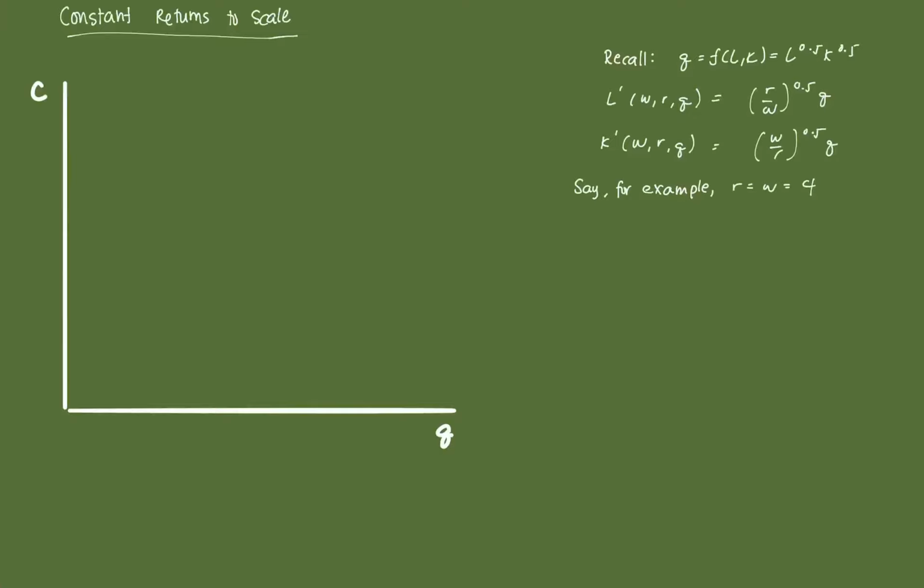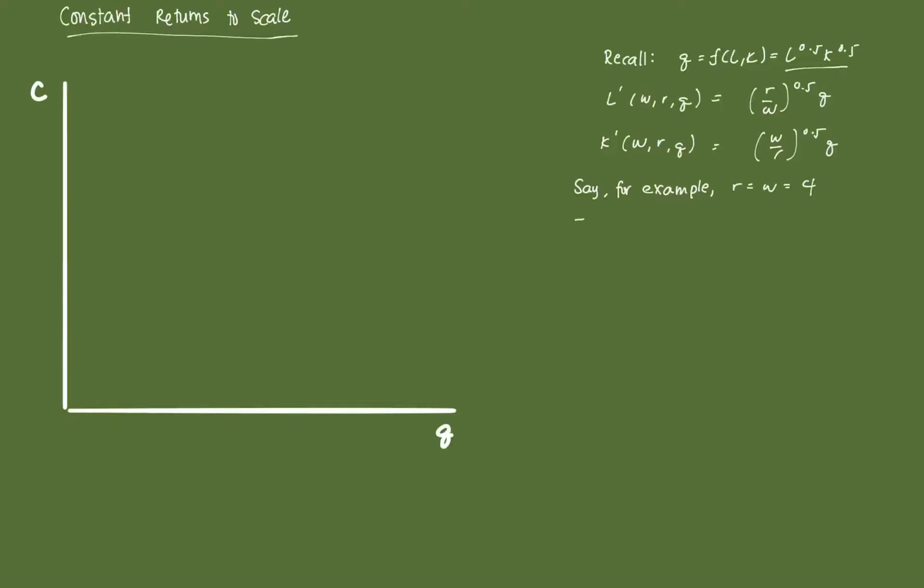If you recall, earlier we had the production function L raised to 0.5, K raised to 0.5, and we derived the conditional demand functions for L and K here. So for example, we want to get the total cost function.